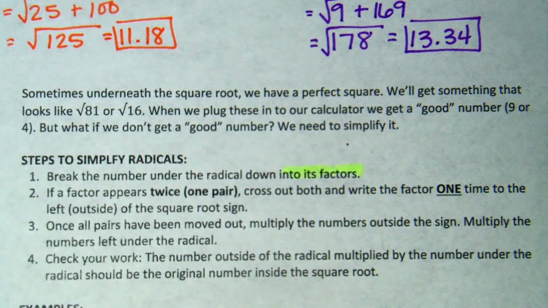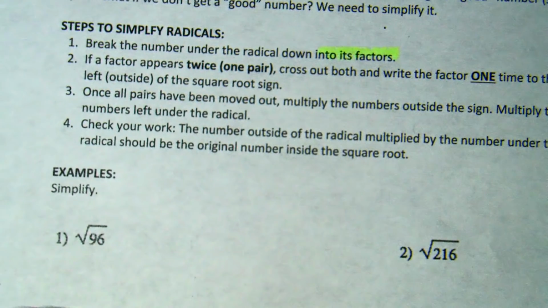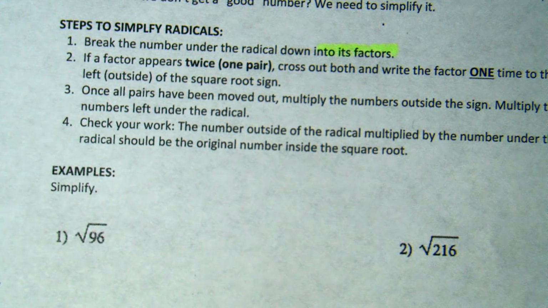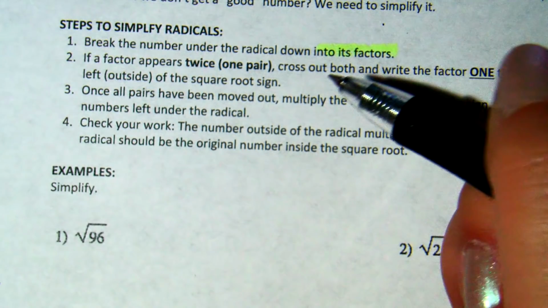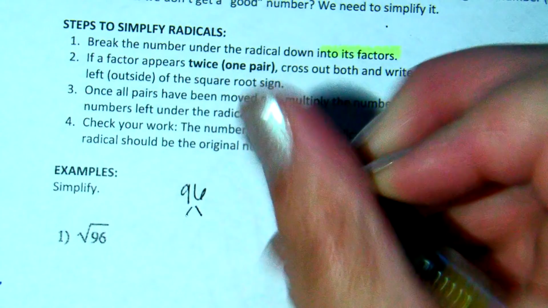That's a lot of words, so let's go ahead and look at 96. You guys probably saw this way back in the day, and your teacher might have called it a factoring tree. So I'm going to take 96 and break it down into two factors.